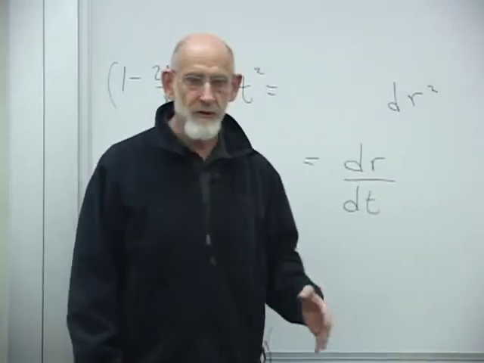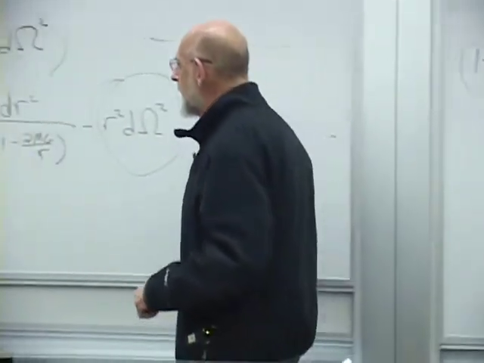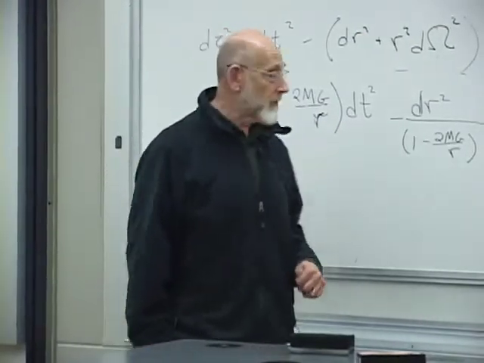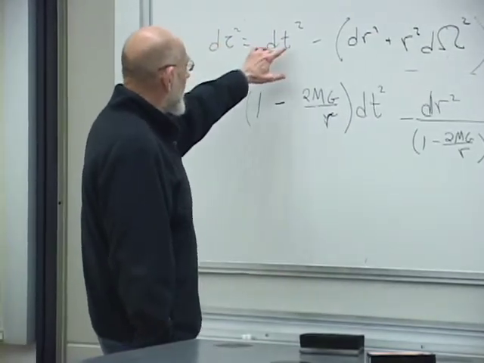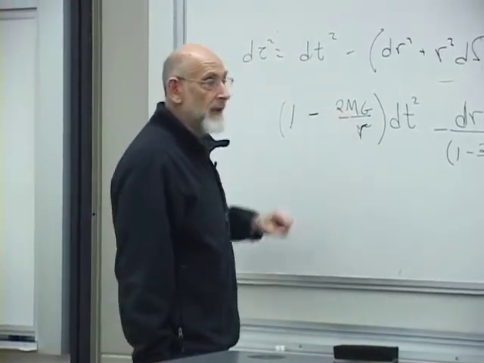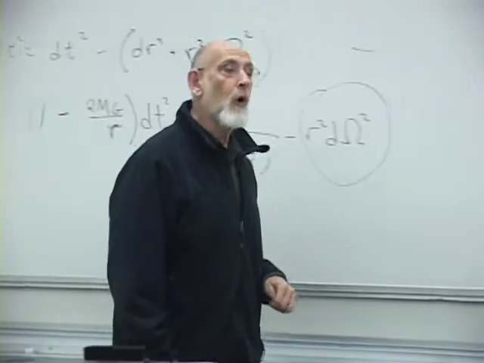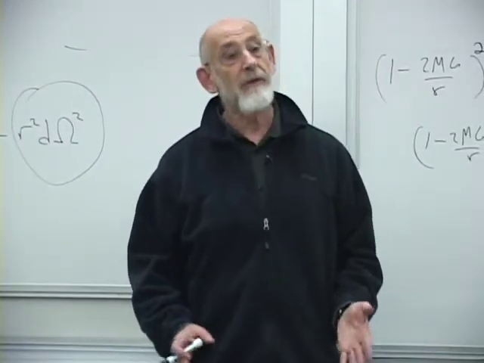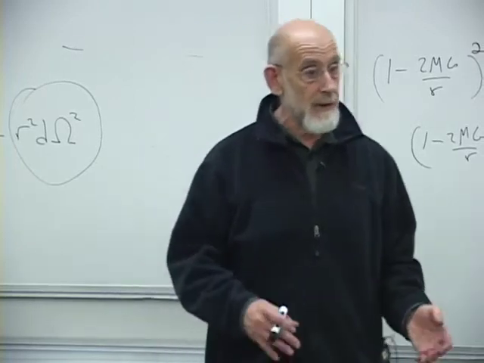All light rays move the same way. They move on what we call a null trajectory. A null trajectory means that the proper time along the trajectory is exactly 0. That's the universal statement for all light rays, which, in special relativity, becomes the statement that they all move with the speed of light.